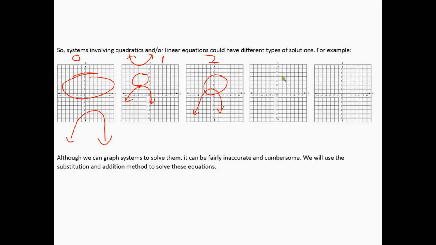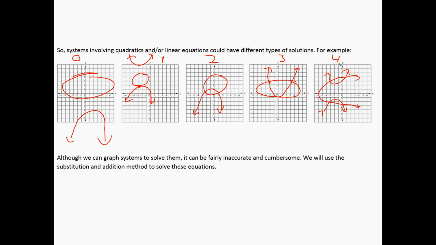Maybe you have an ellipse with a parabola, and you can see you could have 3 solutions, 1, 2, and 3, and maybe a hyperbola. So that's our hyperbola along with a parabola. You could get 4 solutions.